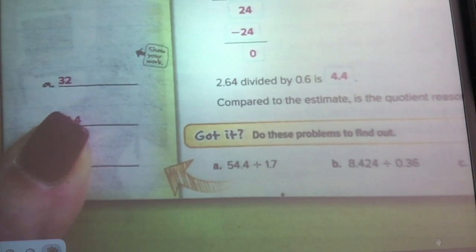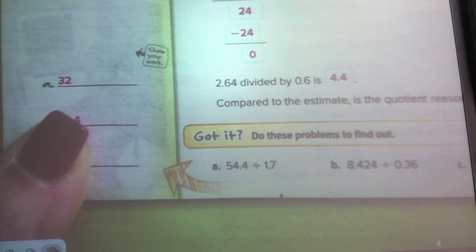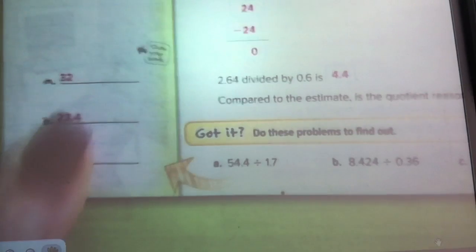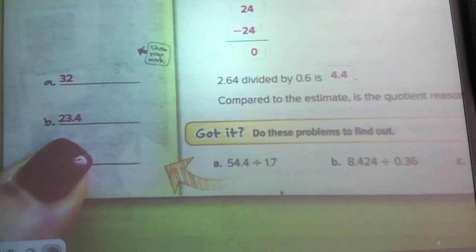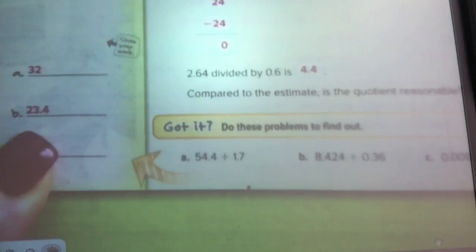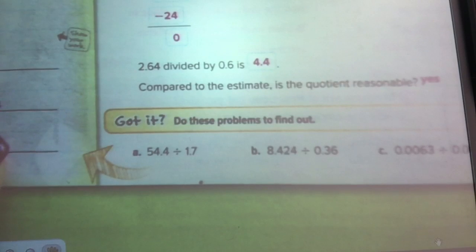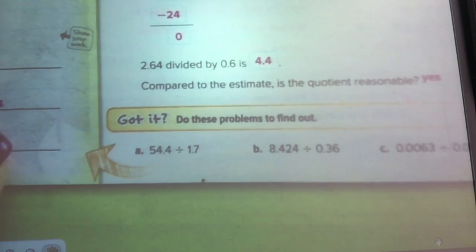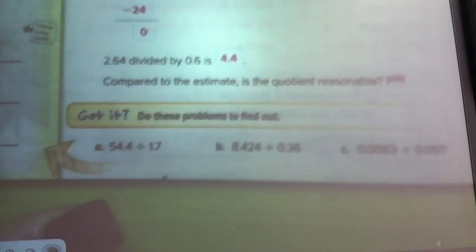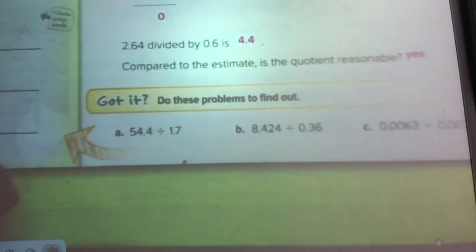Letter B, 8.424 divided by 0.36, you would have gotten 23.4. And the last one, 0.0063 divided by 0.007, you would have gotten 0.9. Again, for that letter C, you had to move over all those decimal places. What you do on the outside, you do on the inside, and that will let you know that you're doing okay.